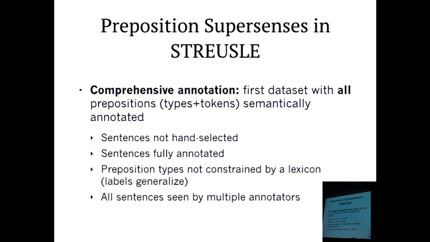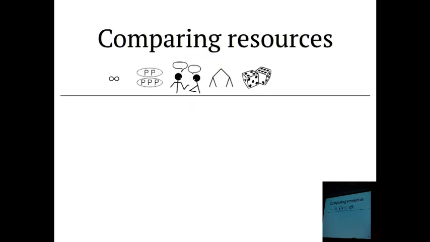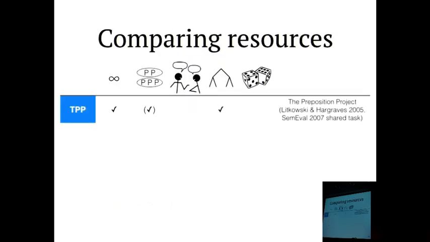We did not only annotate the most frequent prepositions or something like that. We took an existing corpus that had already had some annotations, and we just went through sentence by sentence, annotated every single preposition. I'll say a little bit more about that later.